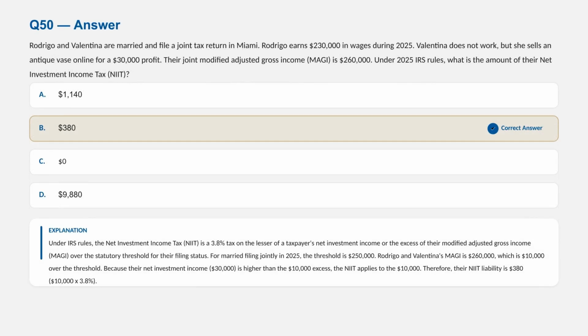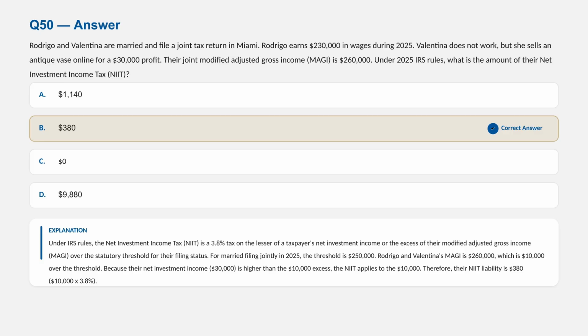The correct answer is B. $380. Under IRS rules, the net investment income tax (NIIT) is a 3.8% tax on the lesser of a taxpayer's net investment income or the excess of their modified adjusted gross income (MAGI) over the statutory threshold for their filing status. For married filing jointly in 2025, the threshold is $250,000.